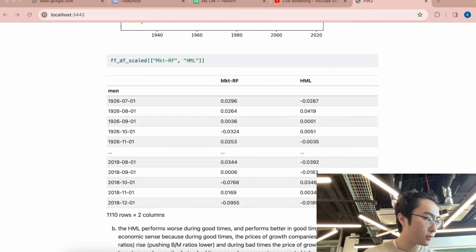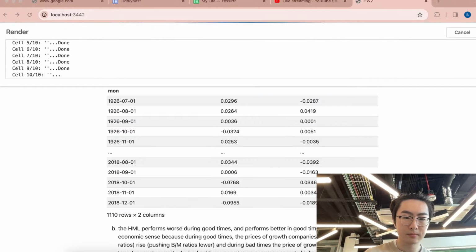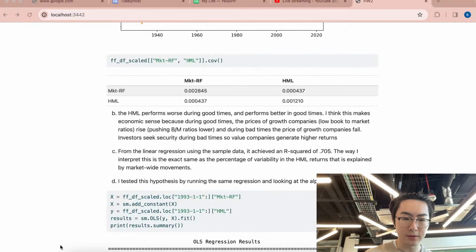All right, then let's do the covariance. Let's see, what is this going to give us? Okay. So these have a very, very low covariance, meaning that they're probably independent of each other.